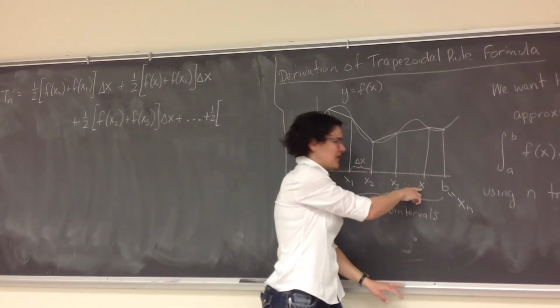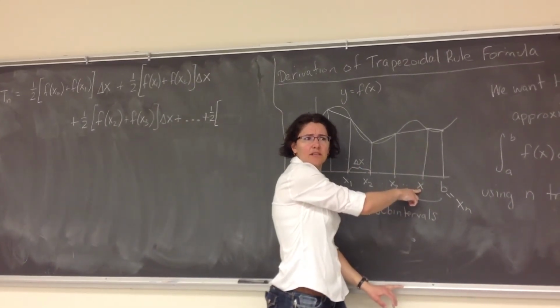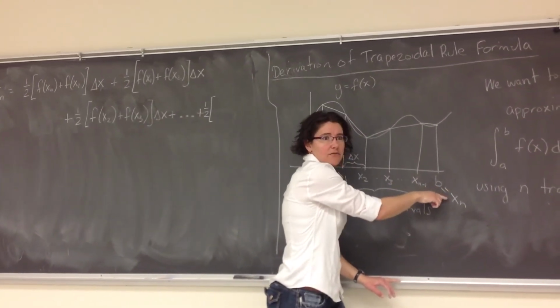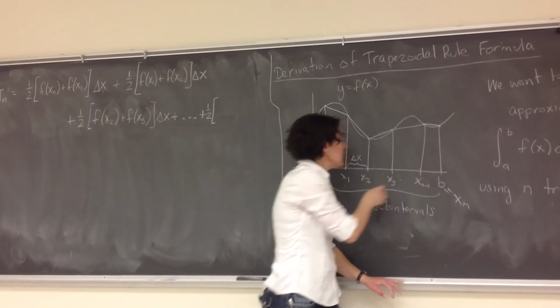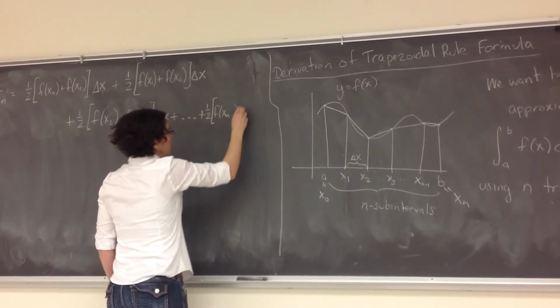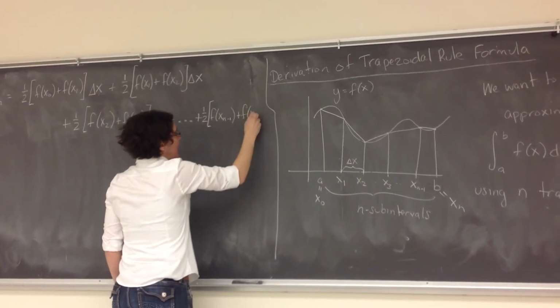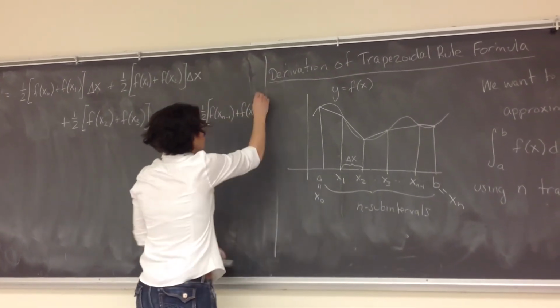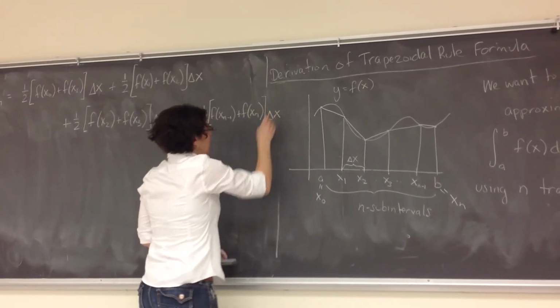What's our subscript on this x? N minus 1? Yeah, this is going to be n minus 1. It's one less than our last x value. So we're going to be looking at f of x of n minus 1 plus f of xn times delta x.